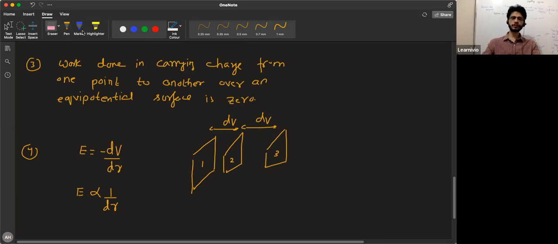If potential difference is same, then field is inversely proportional to separation. Which means if I call field in this region as E1, field in this region is E2, and these 1, 2, and 3 are equipotential surfaces.